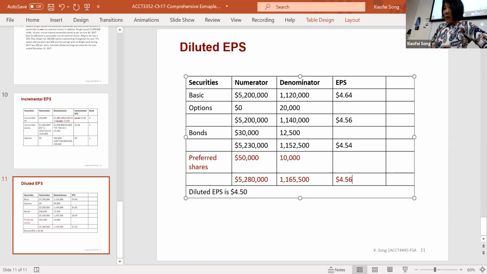Something is off. This is 2. Okay, let's try again. 5280 divided by 1162.5. It's still 5.54. Is it still 5.4? Oh, okay, still 5 point.